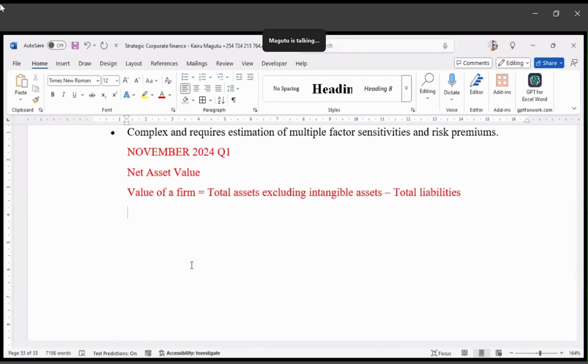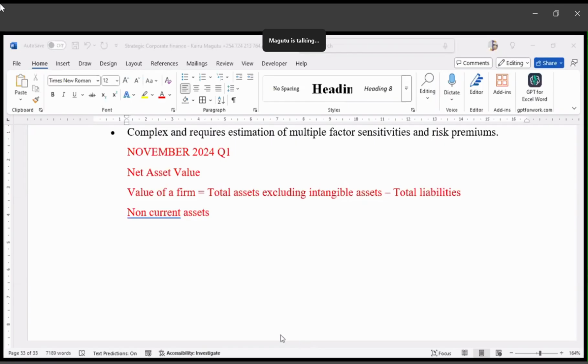So we have the non-current assets. We are given the non-current assets for Maraika as 12,800, and the other one, Nyabugogo, is 4,800.